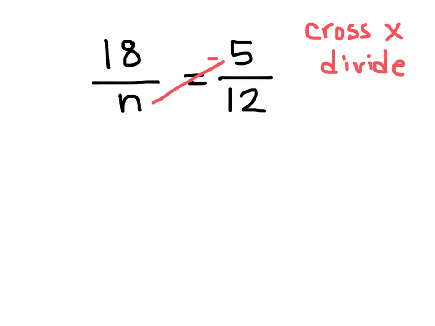Welcome back from pausing the video. So we have 5 times n equals 18 times 12. Okay, 18 times 12, I believe, is 216.